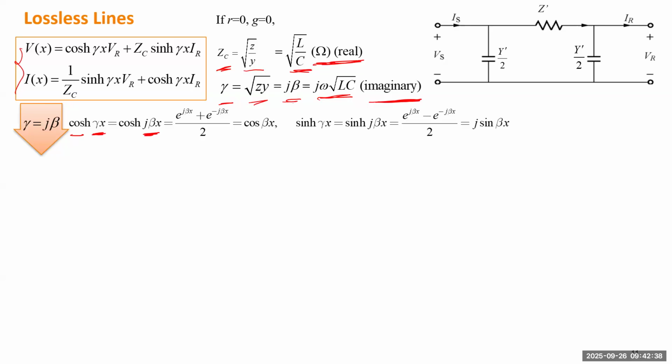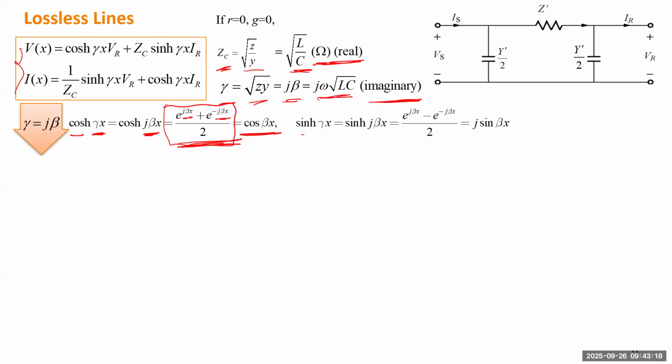If we go back to the definition, the original exponent, which is gamma x, now becomes one j beta x, the other is negative j beta x. So from this formula you can recognize this is the definition of a cosine function. So cosh gamma x becomes cosine beta x.